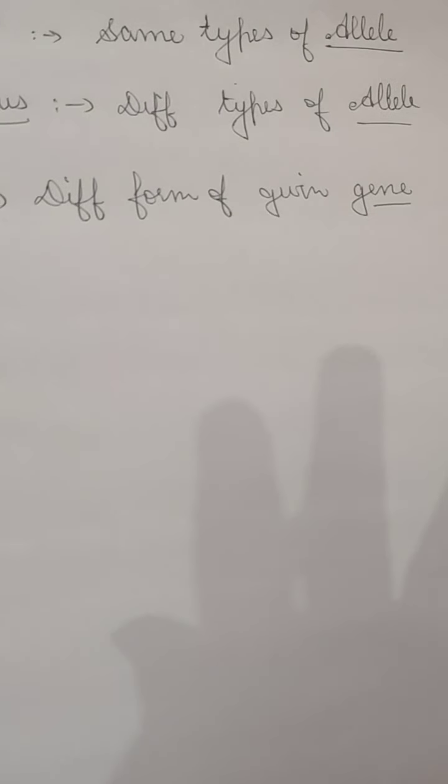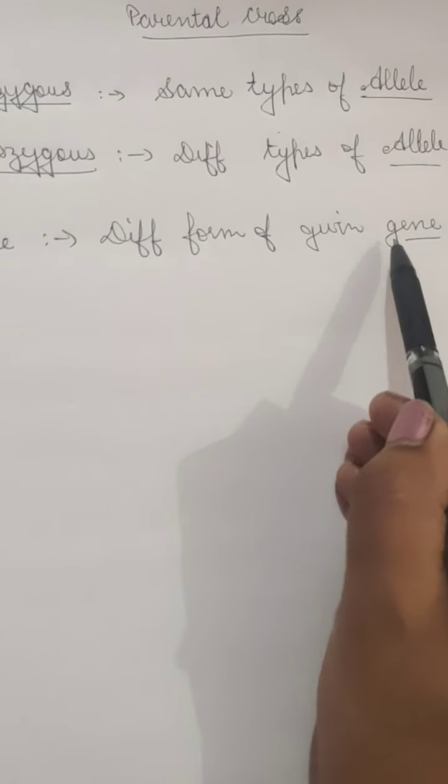The characters which pass from one generation to the next, or the new characters, depend upon genes. Everything depends on protein, and the type of protein our body makes gives us those characters. We have already done this in the beginning of the chapter. So alleles are the different forms of a given gene.